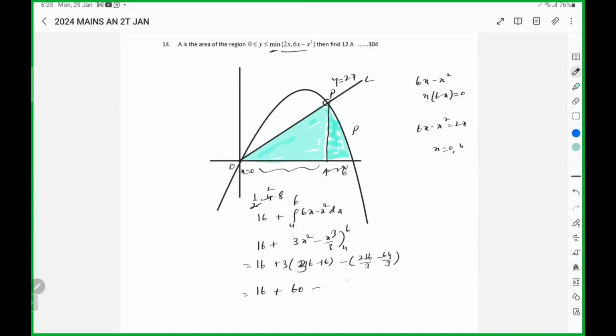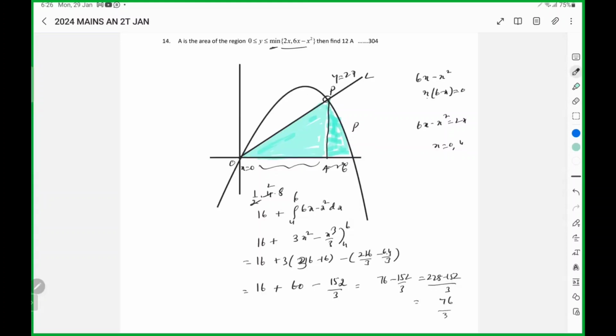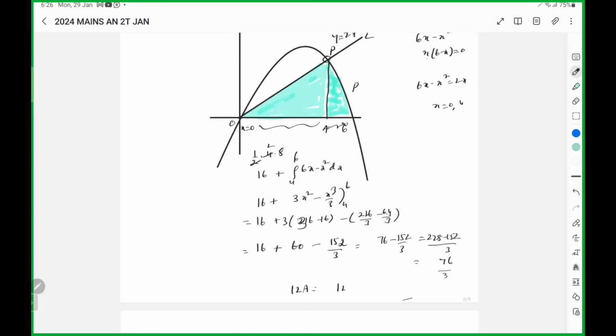So 228 minus 152 by 3, which is 76 by 3. So what you have to find is 12 into 76 by 3.